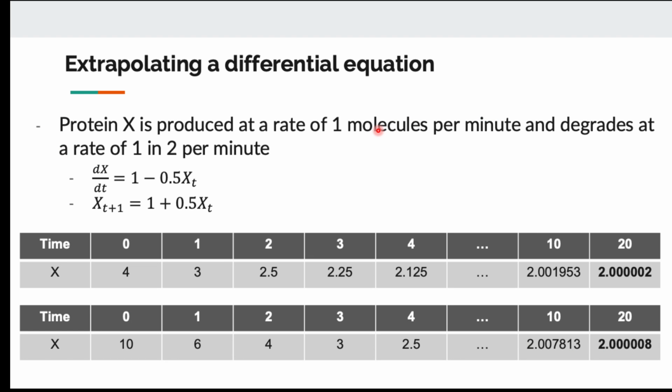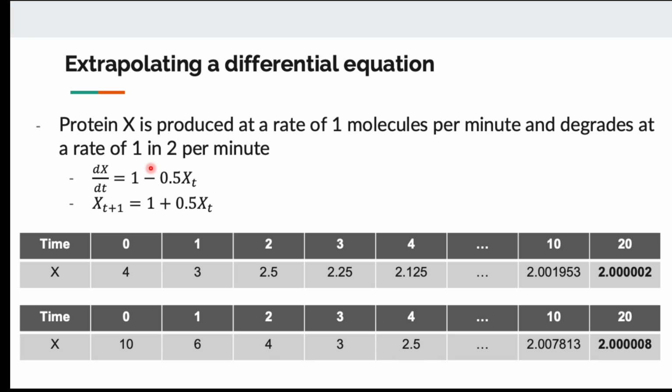So let's look at how we handle this situation manually first, and then we can look at more complex situations later. So let's say protein X inside the cell is being activated, it's being produced at a rate of 1 molecule per minute. But it also degrades. Let's say it's being degraded at a rate of 50% per minute.